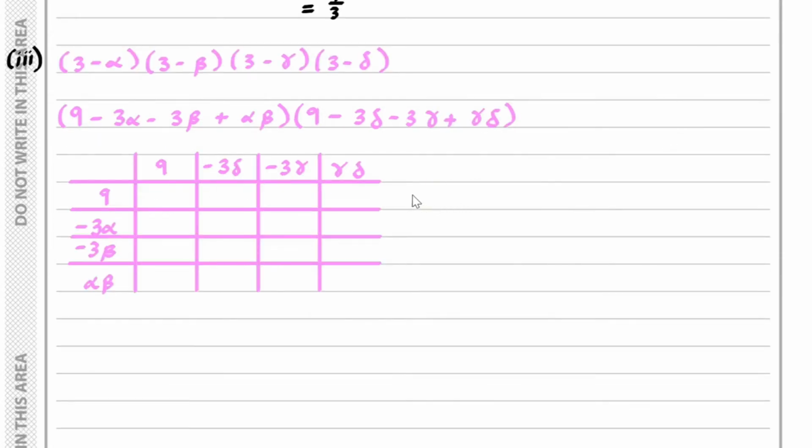So I've set up my grid, and if I use the grid method, 9 times 9 is 81.